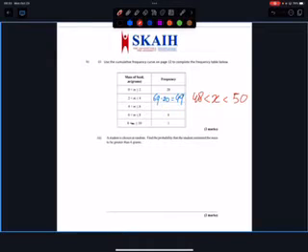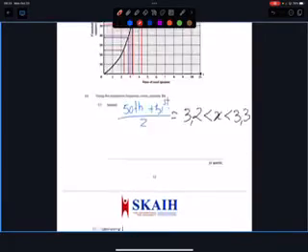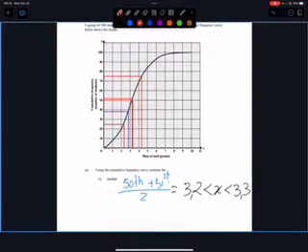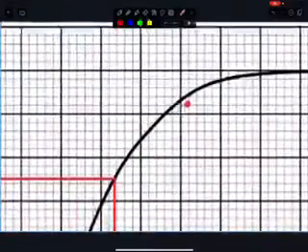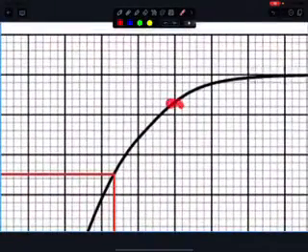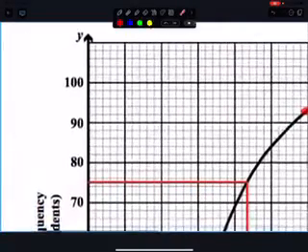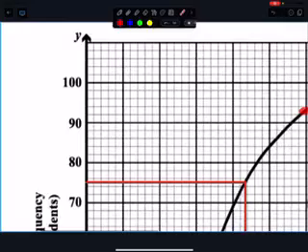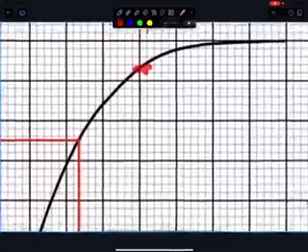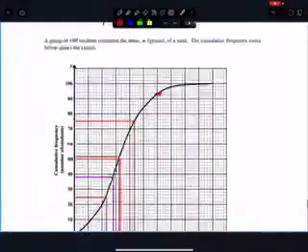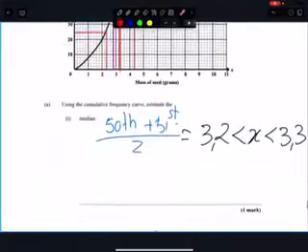4 to 6. If you look at 6 again, there it is, half. So it's at 93.